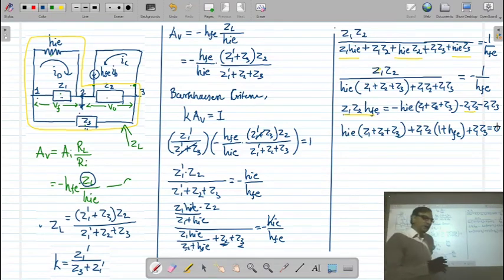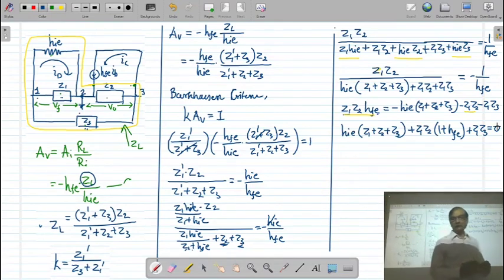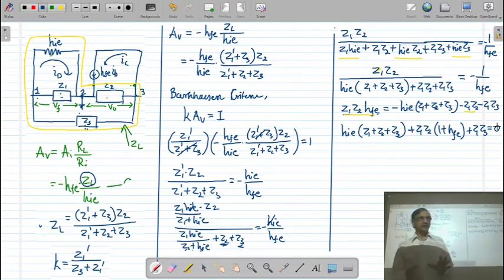Now, here, remember, this is a most important equation. So, in a Hartley and Colpitts oscillator, up to this, we have a common analysis because we have not defined what is Z1 and what is Z2. Correct? So, in case of the Colpitts oscillator, you can use the same mathematics and the same formula.